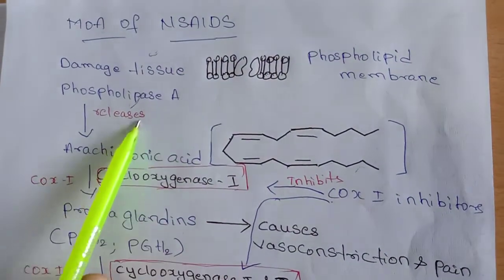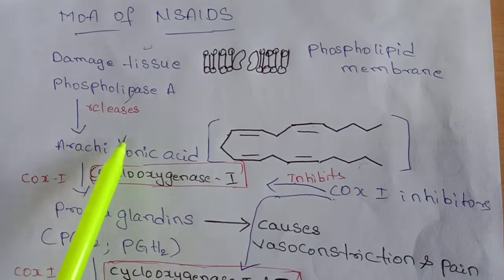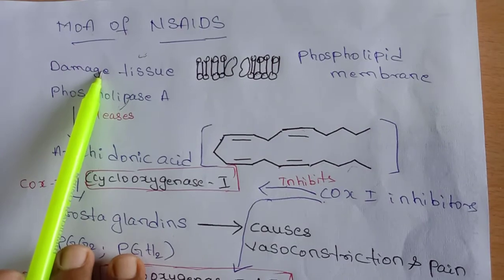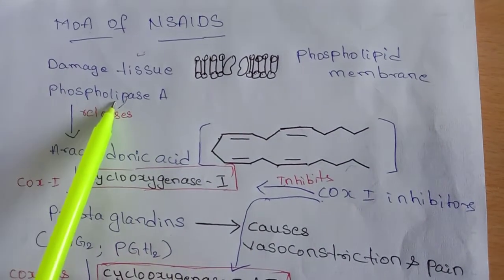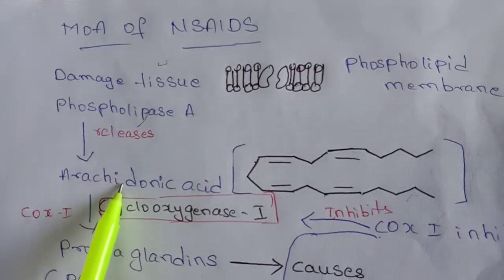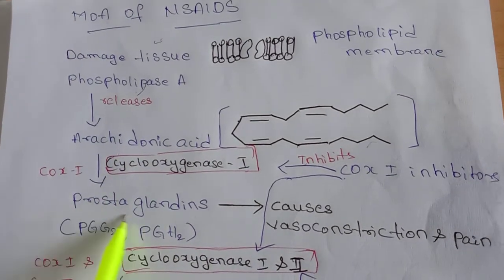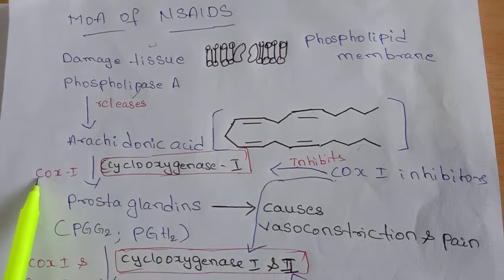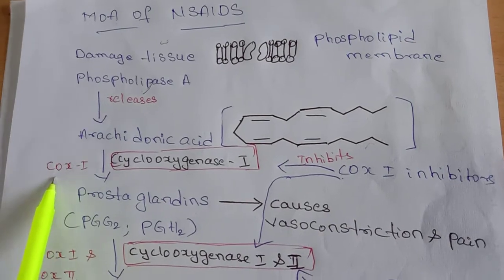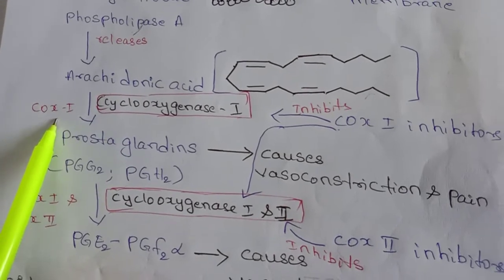Arachidonic acid is released by the action of phospholipase A on the damaged tissue, and the released arachidonic acid is converted into prostaglandins with the help of the enzyme cyclooxygenase or COX, which is also called prostaglandin synthase.